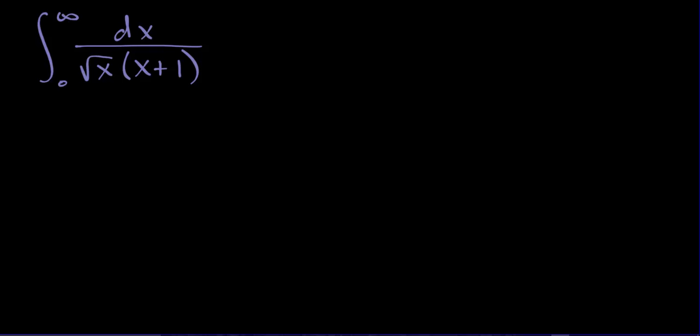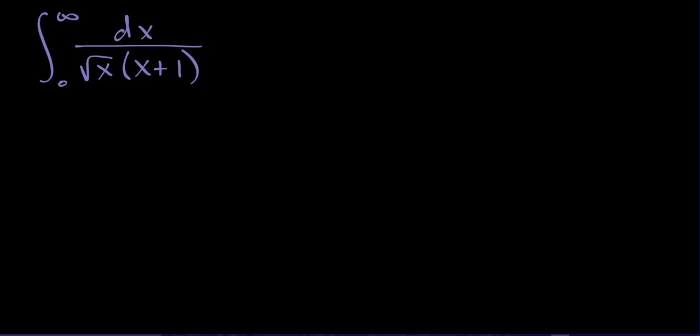Okay? So we've got to deal with that. Plus, we've got this situation where we're going to infinity. So it looks like this improper integral is not just the one type, it's both types that we've looked at so far. So we just have to calm down a little bit and realize, okay, I've got a little bit of work to do. But I know how this game is played.